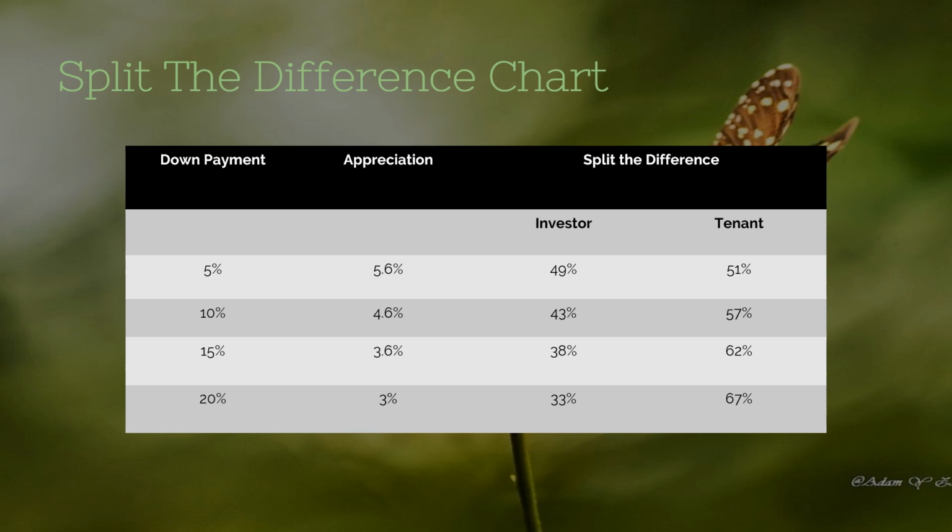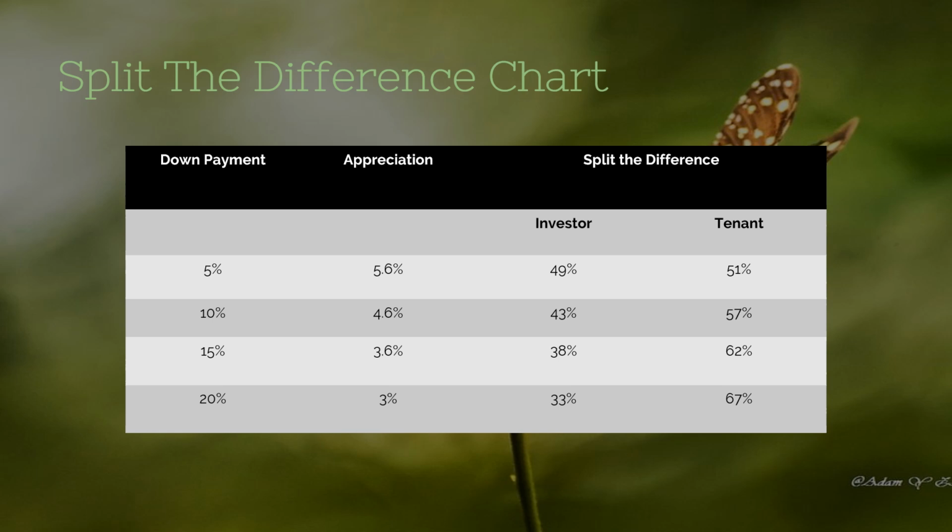The bigger the investment, the bigger the share, anywhere from one third to 50%. The more down payment the tenant buyer pays, the bigger the difference they will get as credits.